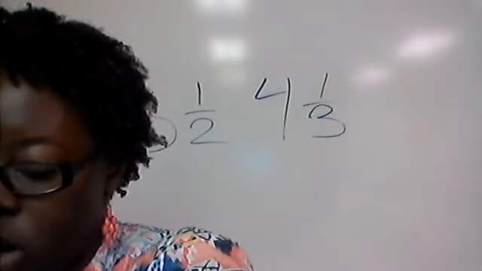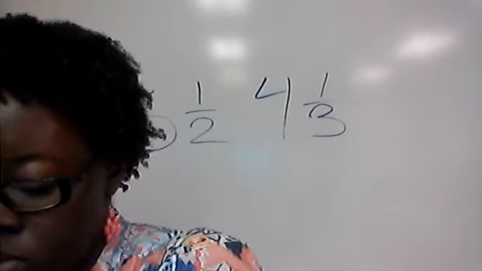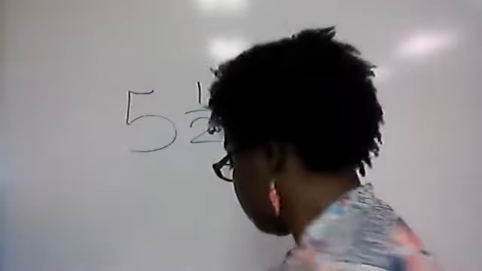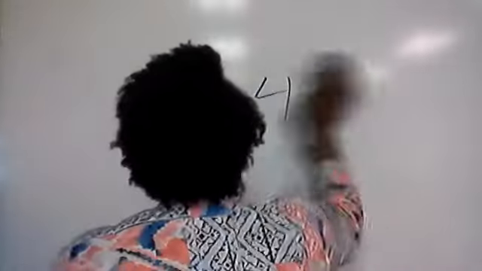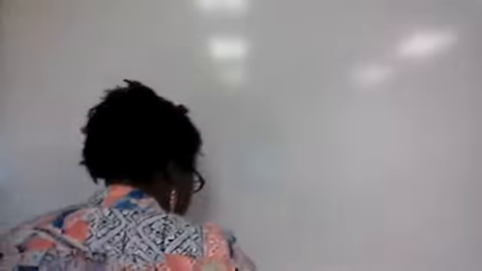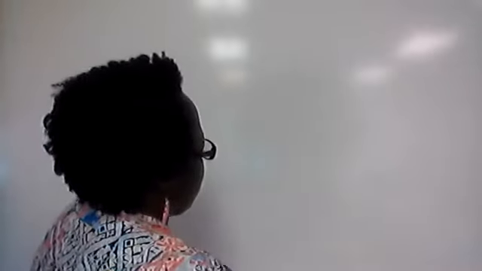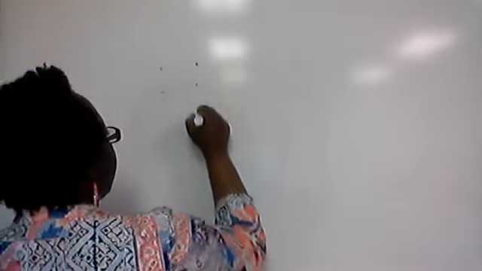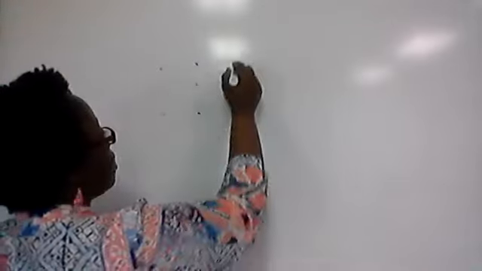Number 4 says write the answers. 1/3 of 9. So if we take the number 9, I'm going to use dots on the board, just for visual. 1, 2, 3, 4, 5, 6, 7, 8, 9.